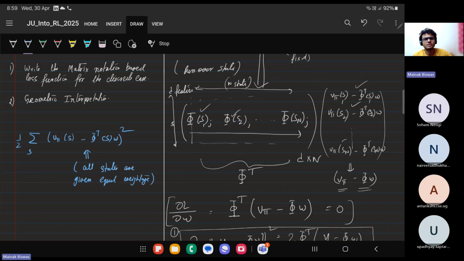Do you agree? Fine. Any queries? Because you see every state has a 1 multiplied in front of it.